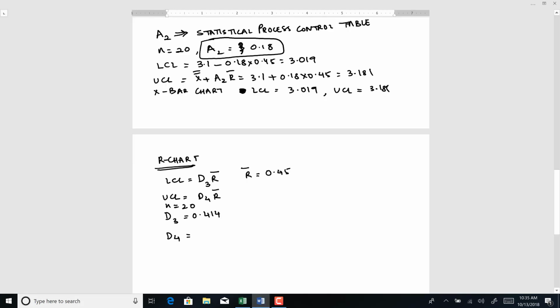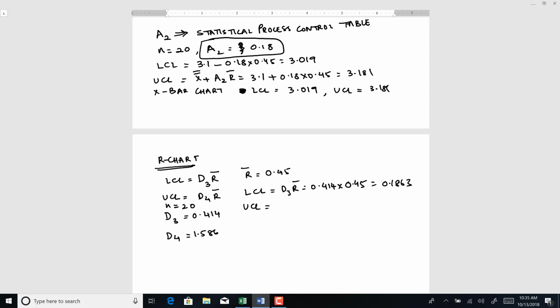So to calculate the lower control limit, D3 R bar, that would be 0.414 multiplied by 0.45, which is going to be 0.1863.